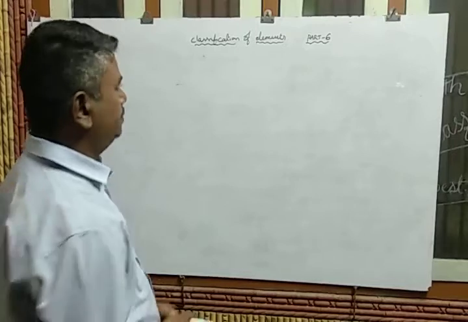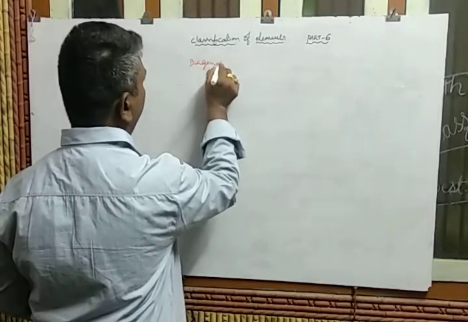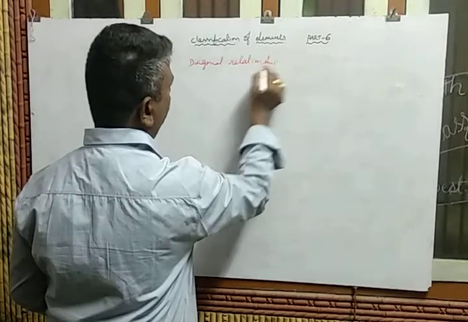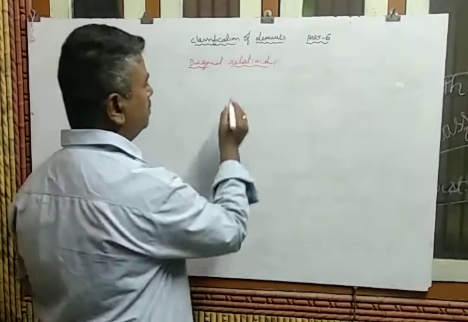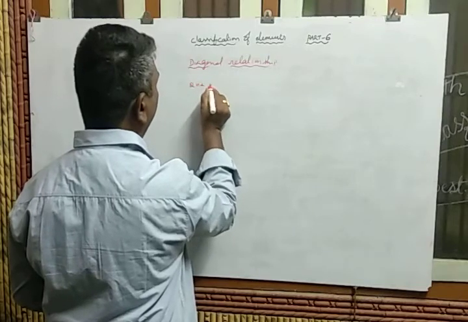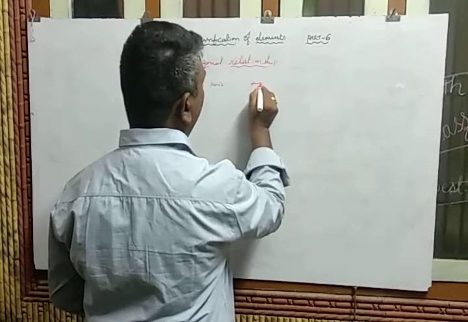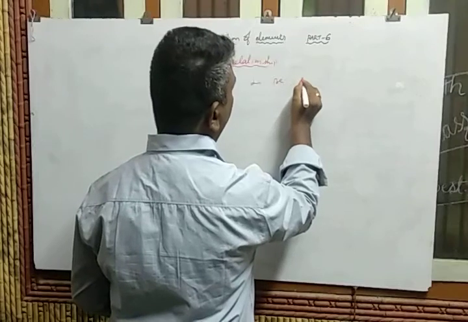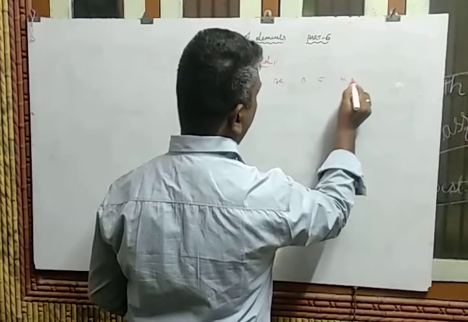Diagonal relationship. So observe the second period: lithium, beryllium, boron, carbon, nitrogen, oxygen.